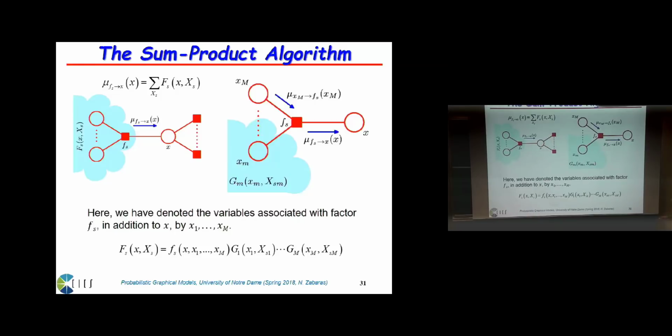Obviously, here there must be a tree, right? So the fact that I denoted it as Gm, xm, and then capital Xsm, the notation looks to me similar to what we had before. So what do you think it is? What does subscript m, xm mean? It means that I'm looking at the subtree affiliated with node xm. What is capital Xsm?